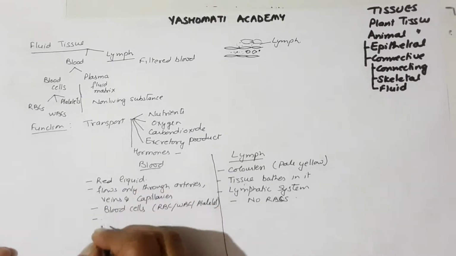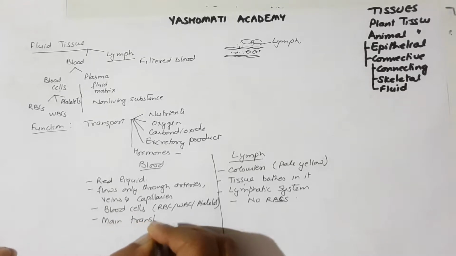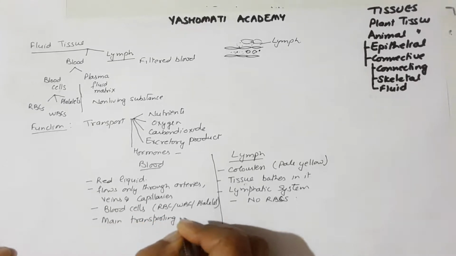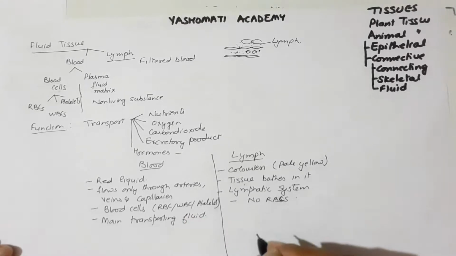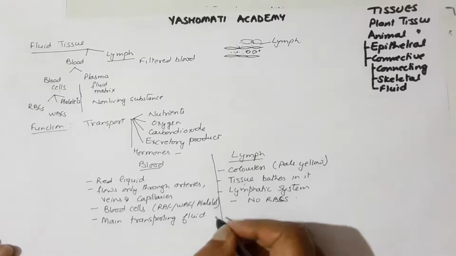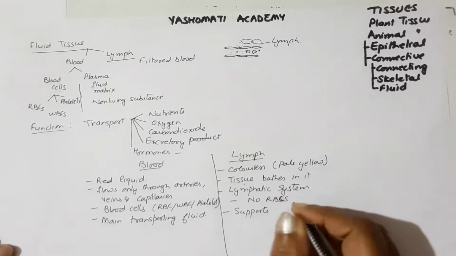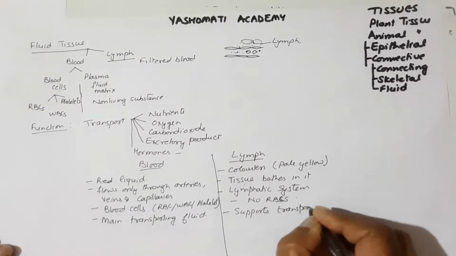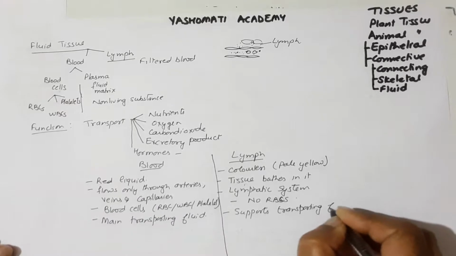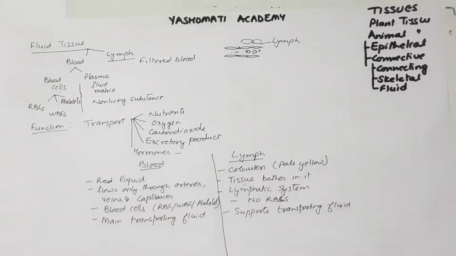That blood is the main transporting fluid, whereas the lymphatic system supports transporting tissue. Ultimately, all lymph is poured into the blood.